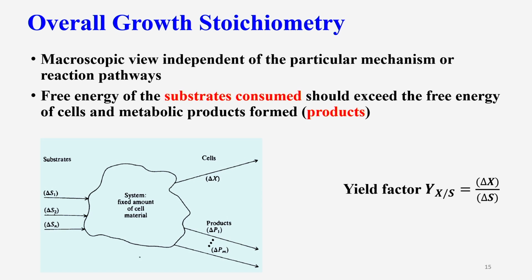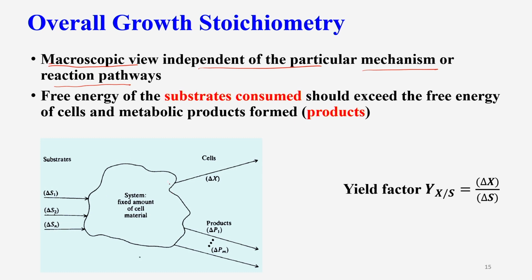So, as I told, this mass and energy balance is a macroscopic view. It is independent of a particular pathway or mechanism. As you know, from substrate to the product, n number of metabolic pathways are involved, but here in the material and mass balance we are considering a macroscopic point of view.